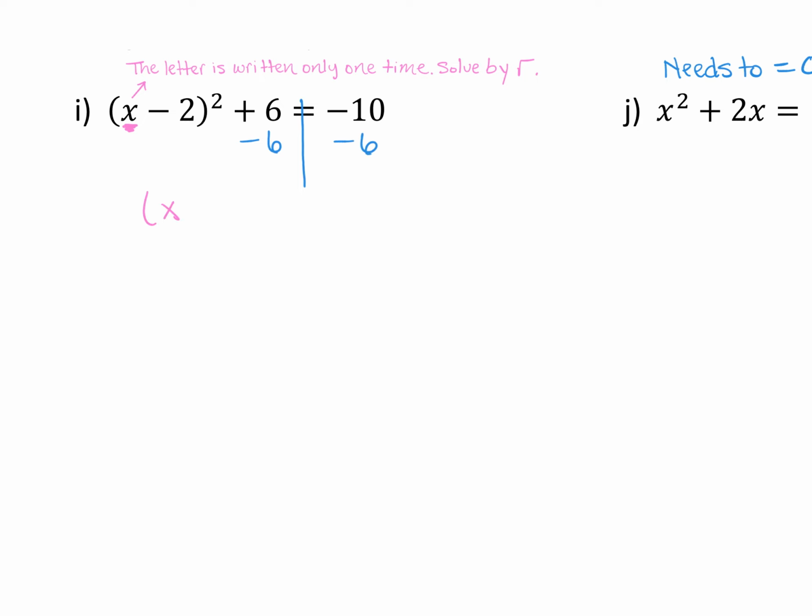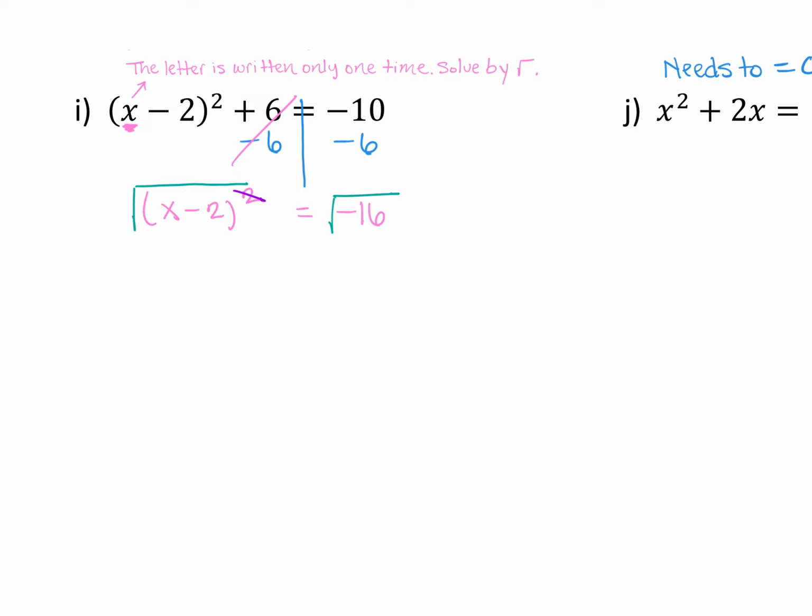And now that leaves us with the x minus 2 squared. Those undo each other, so they're gone, is equal to negative 10 minus 6, which is negative 16. And the parentheses to the power of 2 is by itself, so now we can square root both sides.